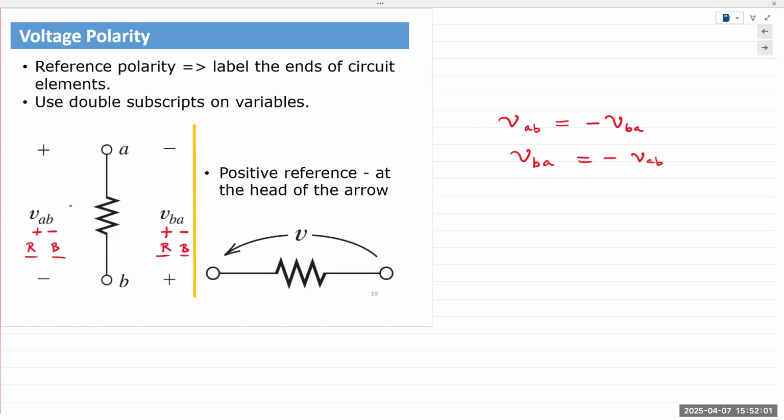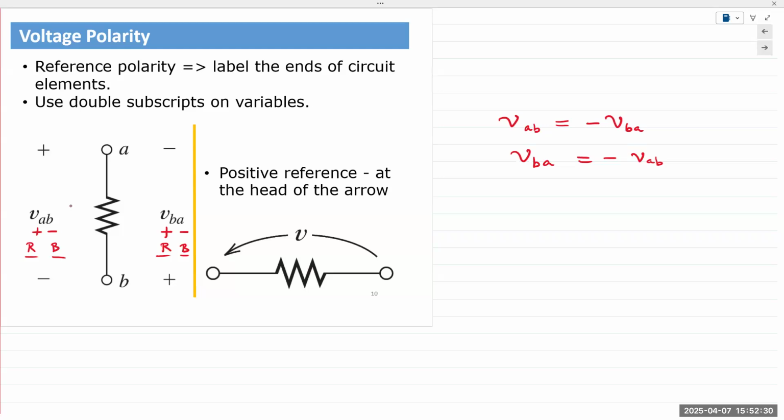So sometimes ground is used as a reference, then your voltage will only have a single subscript. It'll say VA or VB. If it says VA or VB or VC or VD, it simply means you're measuring voltage at that point, A, B, C, D, with your reference at ground, which is 0.